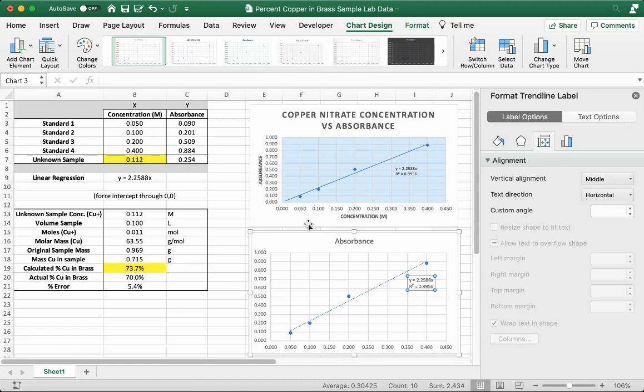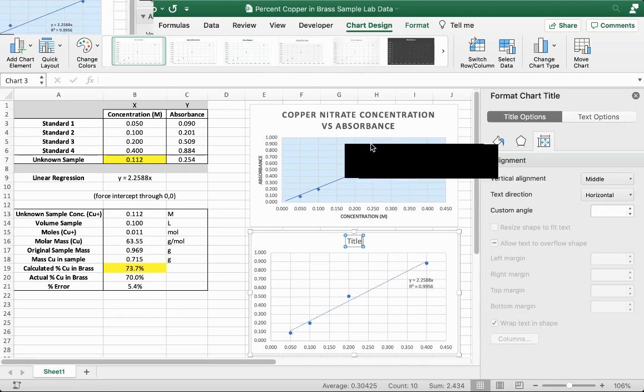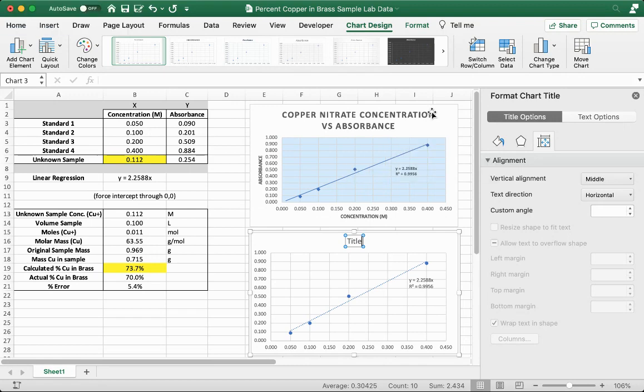Okay, so afterwards, there's a couple of things that we want to make sure that we're adding here. We want to make sure that we have a nice title here. It should be something that's very indicative of what is being shown on the chart. So for mine, I put copper nitrate concentration versus absorbance.